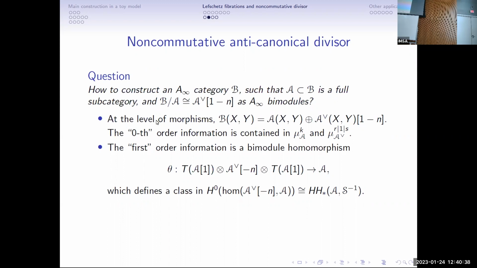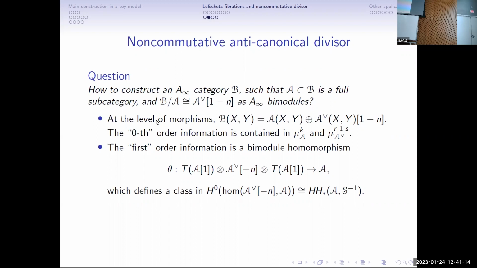The output actually lands inside the diagonal bimodule A. So in other words, these maps could be assembled into a map theta, whose domain is defined over the tensor product of A with the bigger shifting tensor with A dual tensor with this Floer tensor. And if you check this kind of mu square equal to 0 relation on the infinity category, you will conclude that this theta is actually a bimodule morphism which is closed.